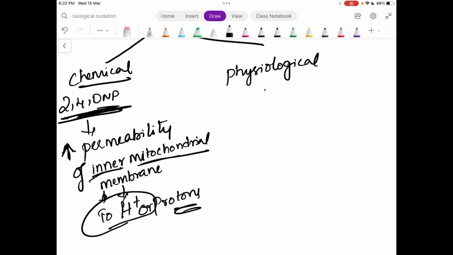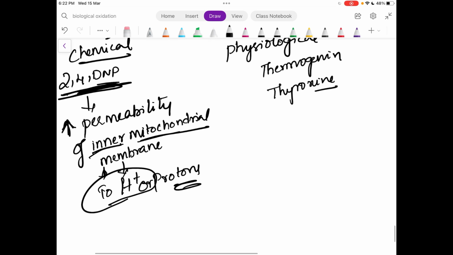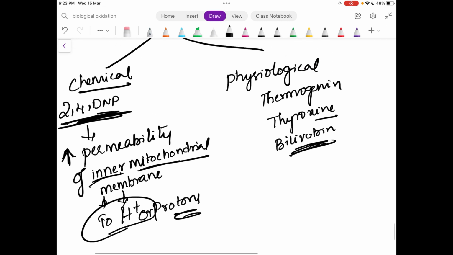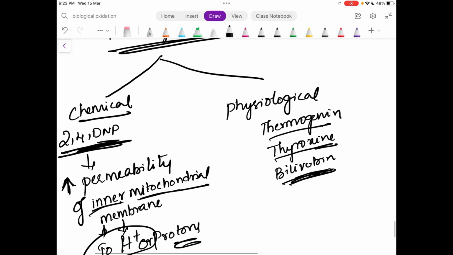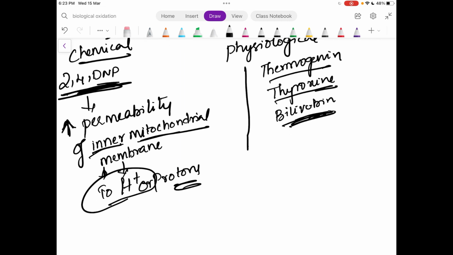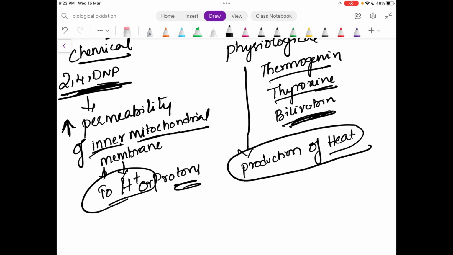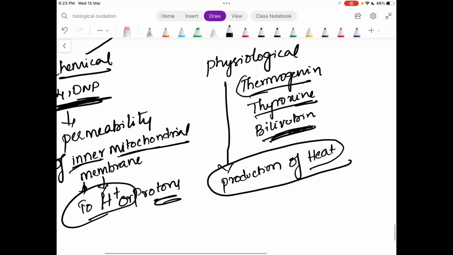And physiological uncouplers are thermogenin, thyroxine, and slight amounts of bilirubin. They act as physiological uncouplers which help in production of heat, which helps in maintenance of body temperature in cold climates. This thermogenin is present in which tissue? Brown adipose tissue.